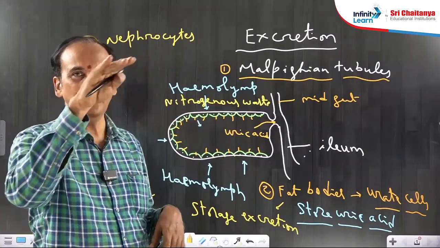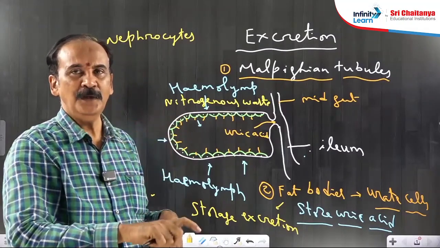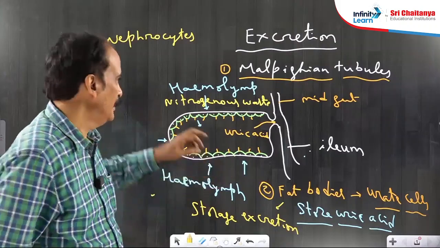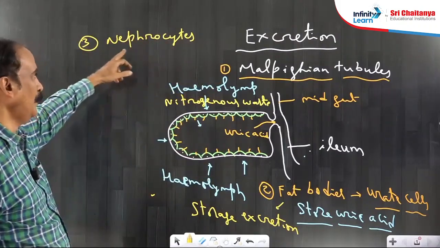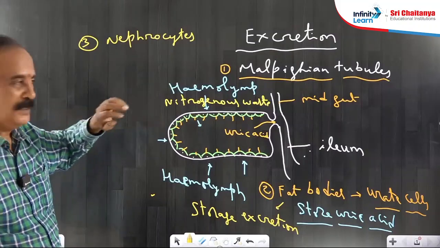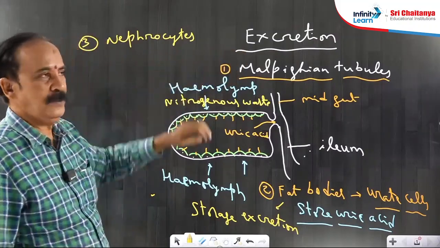The upper one is called pericardial, middle is called perivisceral and the lower is called perineural. So, all along the heart chambers in the pericardial sinus there are cells called nephrocytes. They also collect the nitrogenous waste and they will be storing them in the body.